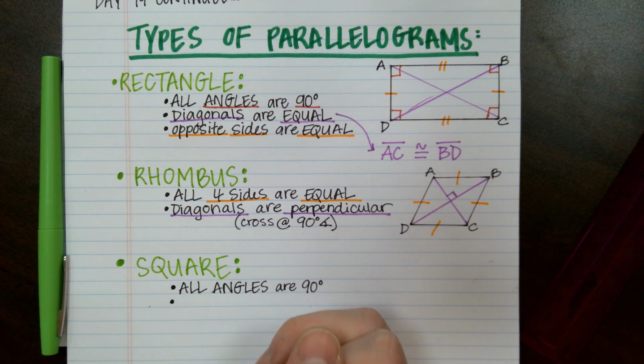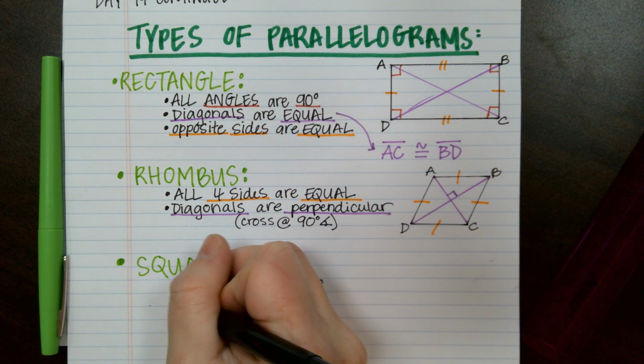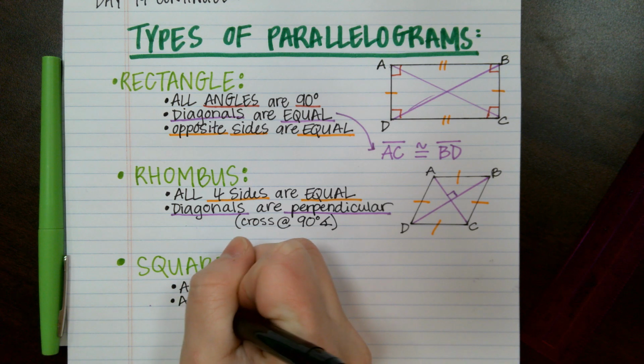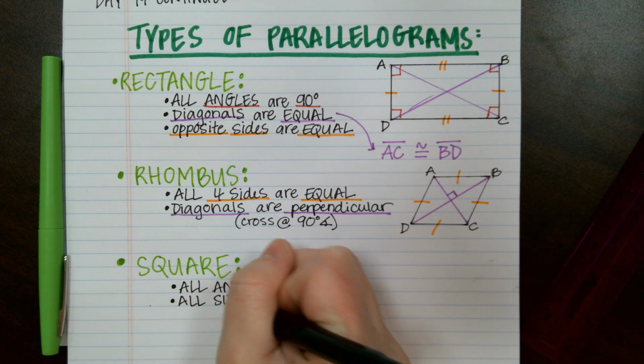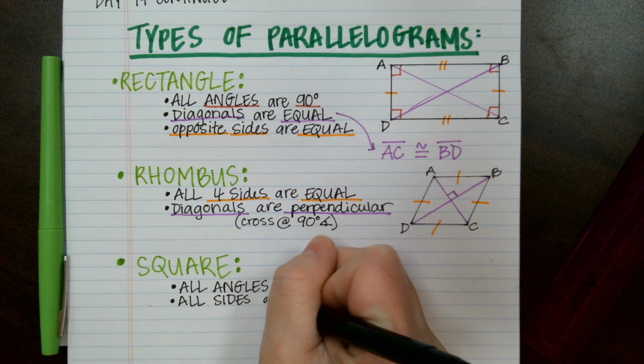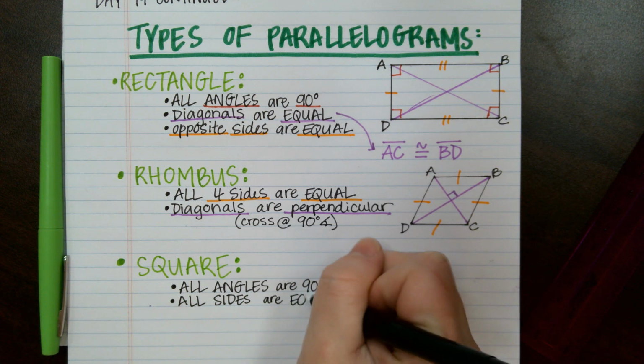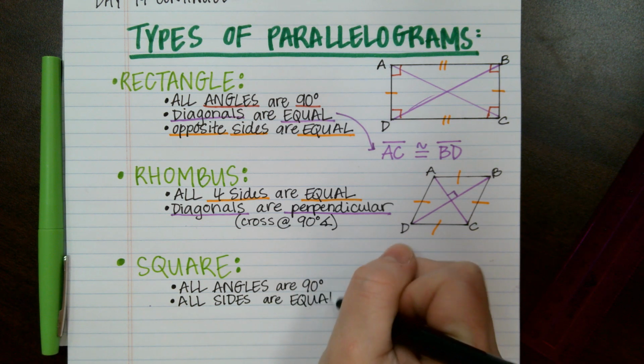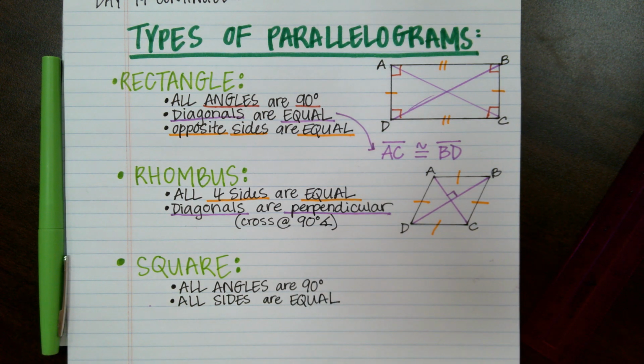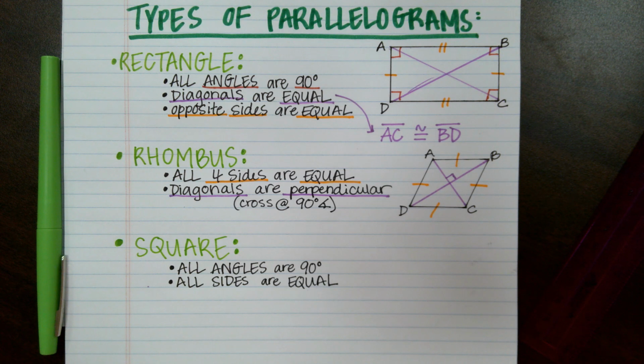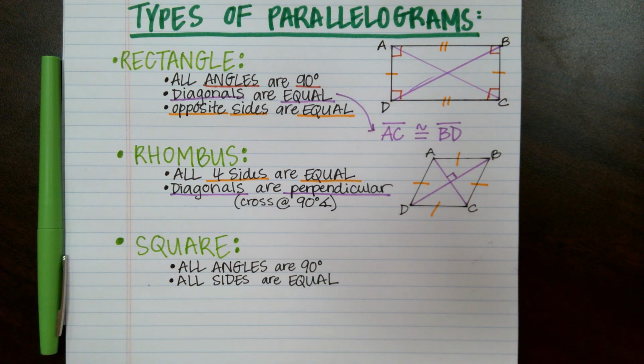Square is maybe the easiest one. All sides are equal. Perfect. And we're just gonna leave it with those two.